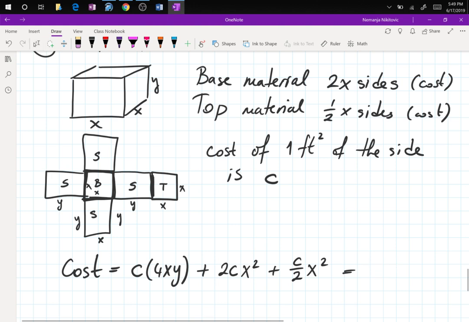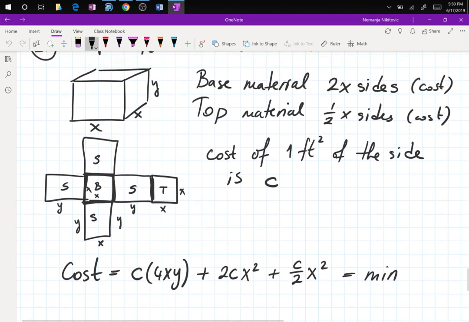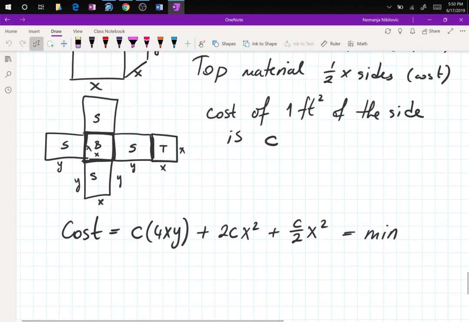Oh, sorry, I have cost on the other side. This needs to be minimum. So cost needs to be minimum. I mean, if you want to run business, that's what it is. And that's your objective equation.